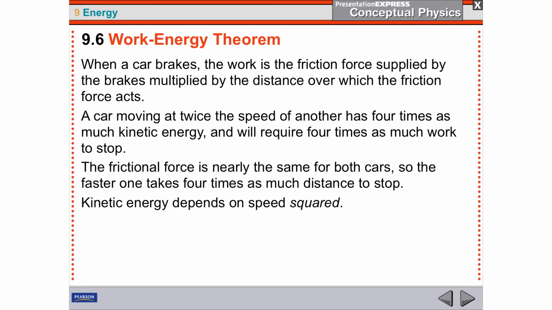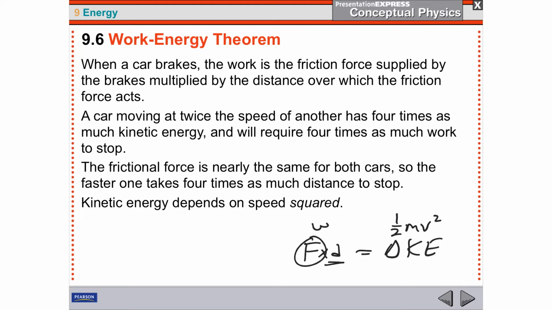I've mentioned this before. Work is a force times a distance. If that is a brake, you're using friction: the force of friction exerted over a distance, so you engage your brakes over a distance, and this is equal to work, and that work is equal to the change in the kinetic energy. Kinetic energy, remember, is 1/2 times the mass of the object times the square of the velocity.